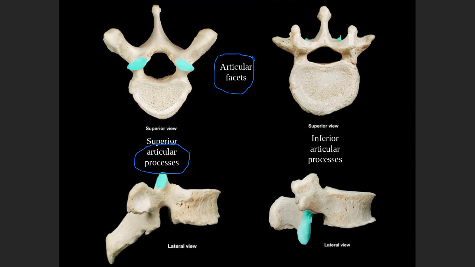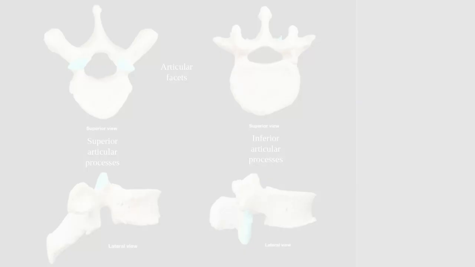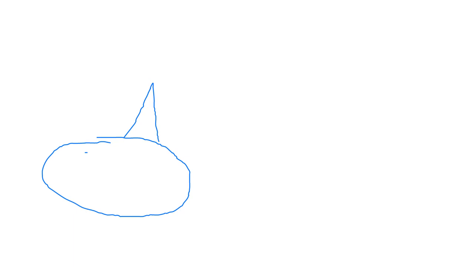So an articular process, I'm going to use the whiteboard here. So here's the bone, and you've got this bump coming off the bone. That is a process, right? We all agree a process is a projection of bone coming off of a bone.